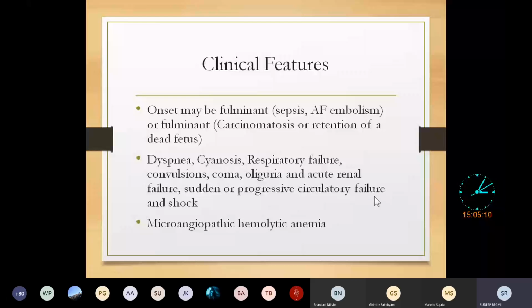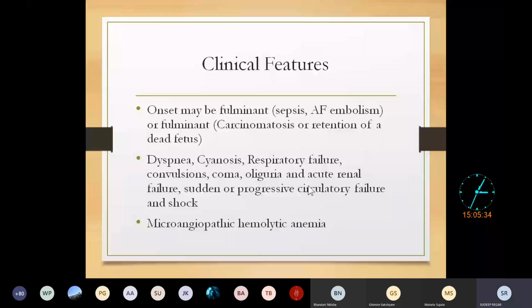So by looking at the laboratory parameters of all these, we can know which end organ damage has occurred due to the DIC. You can check the creatinine or the renal function test and see whether the kidney is involved due to DIC.